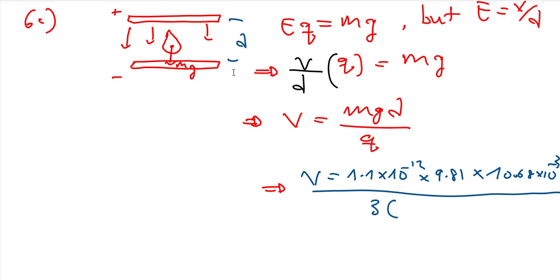So that's 3 times 1.6 times 10 to the negative 19.